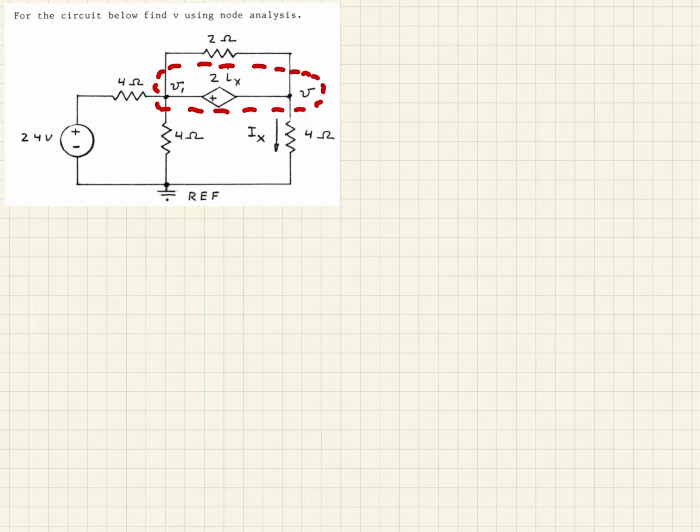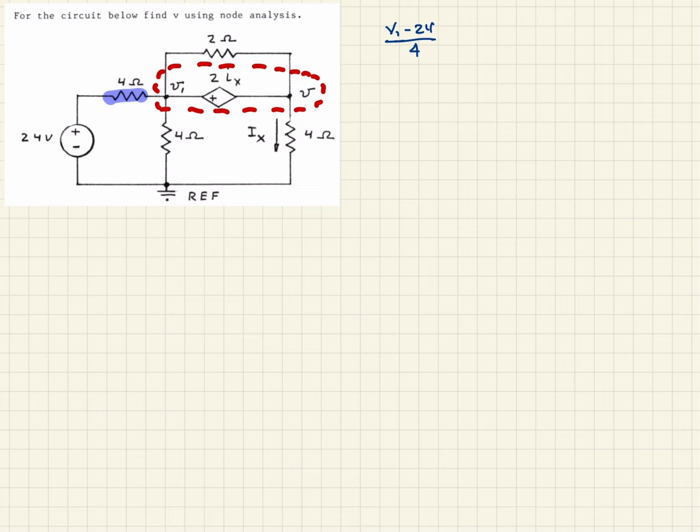So when we look at that, the first thing we'll look at is this branch here. And when we do that, we'll see that that's just going to be V1 minus 24 over 4.